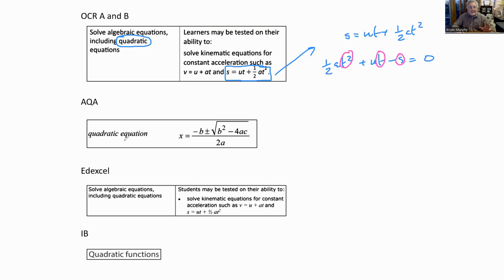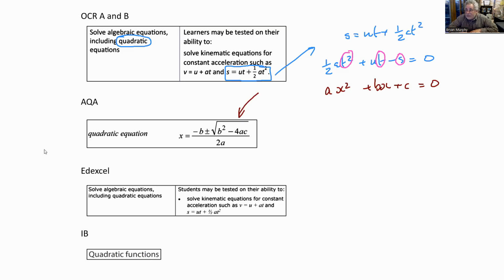Okay, so that is of the form ax squared plus bx plus c equals 0, which is your standard quadratic equation. You've got to get it into that form before you can apply the formula.